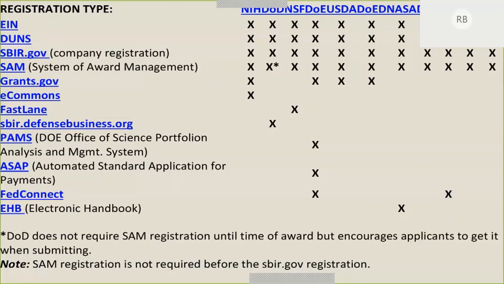They look at grants.gov. So don't pick all the agencies where you have to submit with grants, but don't make grants.gov a criteria or a factor.